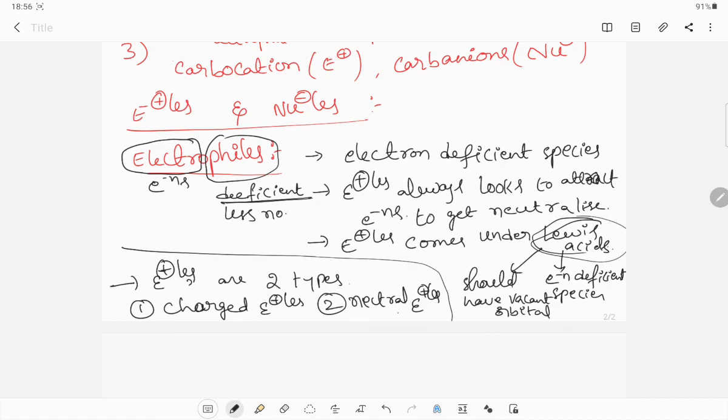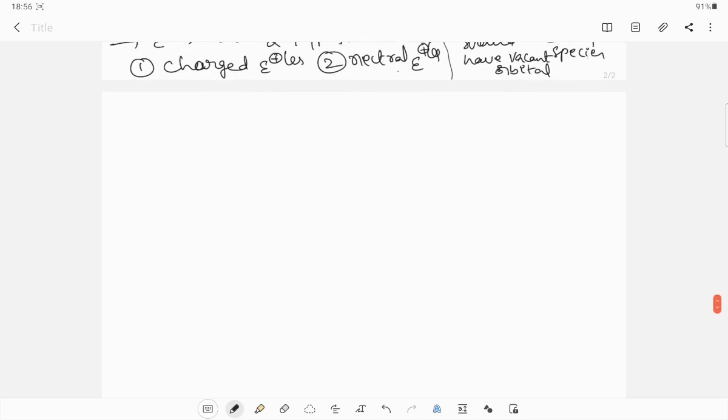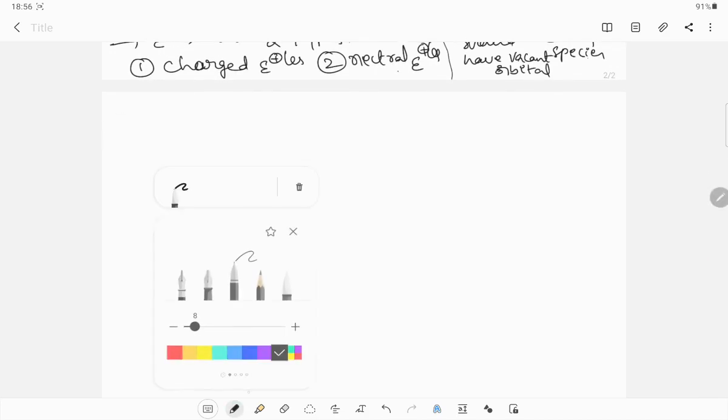Neutral electrophile means the electrophile does not have any charge, but it has a vacant orbital. Lewis acids, as I already told you, are electron deficient species that should have a vacant orbital, and these Lewis acids always act as electron acceptors. Okay, now we will discuss the types of electrophiles, starting with charged electrophiles.